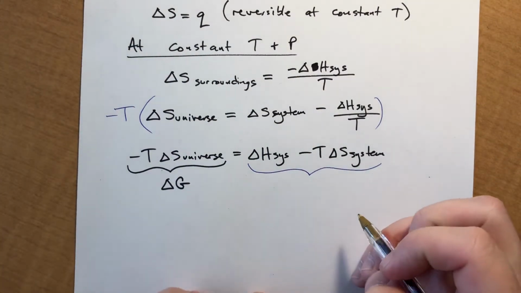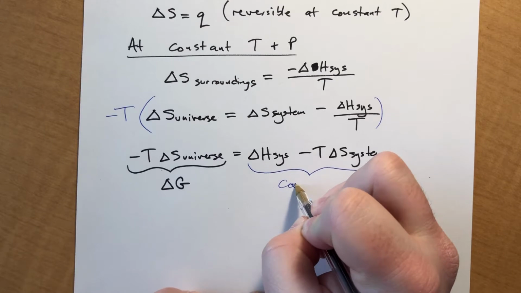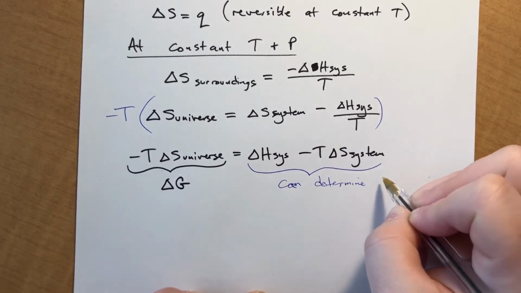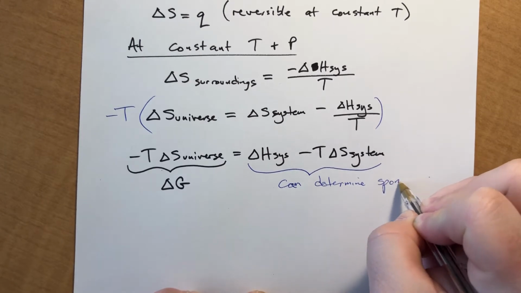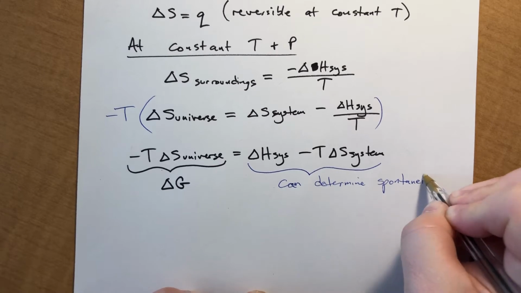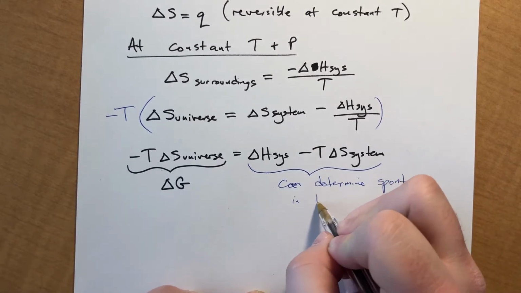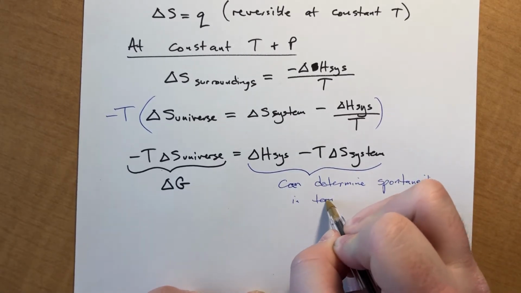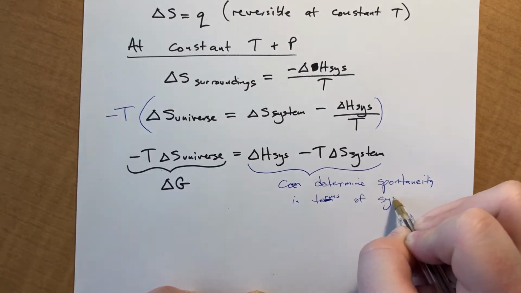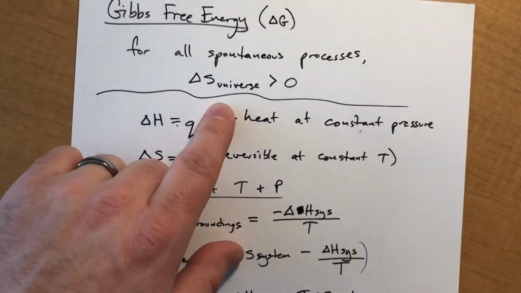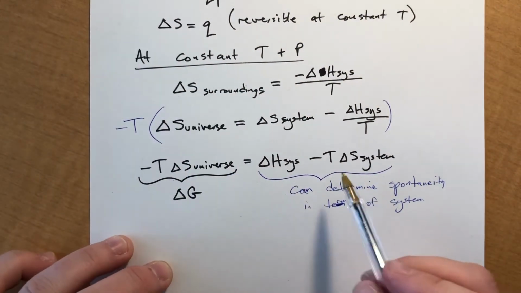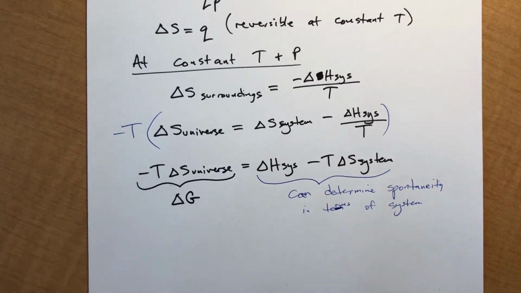Okay, so we can determine spontaneity, basically whether a reaction is spontaneous, in terms of the system only. Which is super useful because it's really difficult to measure the delta S of the universe. But measuring everything that's in the beaker makes life a whole lot easier.